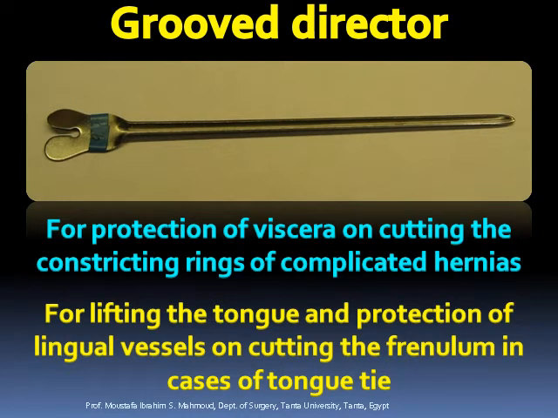Groove director. It is used for protection of viscera on cutting the constricting rings of complicated hernias. It is used for lifting the tongue and protection of the lingual vessels on cutting the frenulum in case of tongue tie.